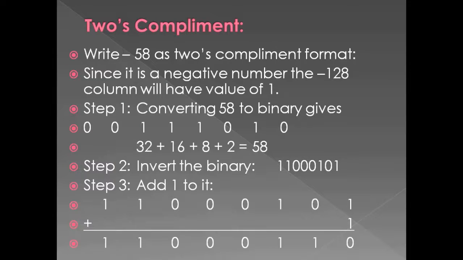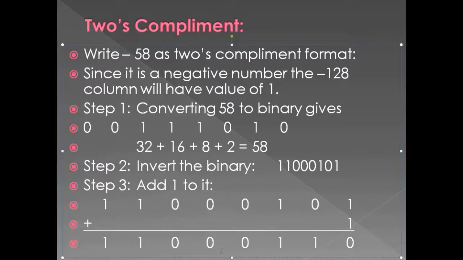Whereas if you have to write minus 58 in 2's complement, since it is a negative number, the minus 128 column, the most left bit, would have a value of 1. Step 1, convert 58 to binary, and it is going to give us this value. We are going to check it for precision, and yes, it gives us 58. Step 2, invert the binary, meaning in place of 0 write down a 1, and in place of 1 write down a 0, and then add 1 to it. 1 plus 1 is 10.